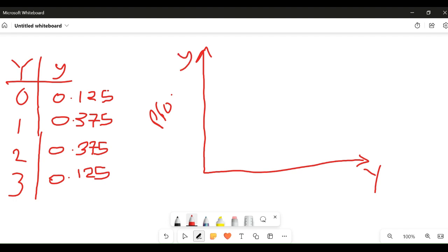If you use a scale of 0.1 for the y-axis, we have this as 0.1, this will be 0.2, this will be 0.3, this will be 0.4.